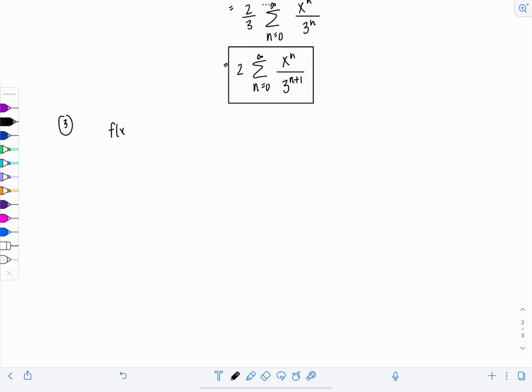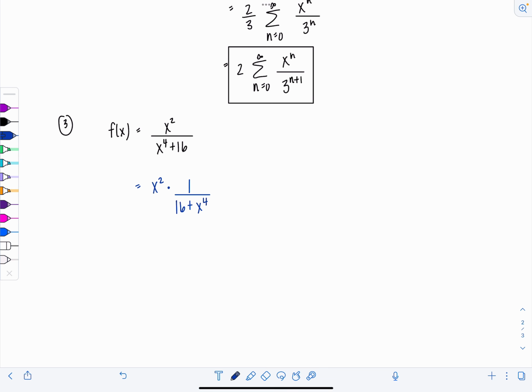Okay, f of x is x squared over x to the 4th plus 16. So how are you going to make this resemble 1 over 1 minus x? First things first, I'm moving that x squared away, right? And then I have times 1 over. Why don't we write this as 16 plus x to the 4th?